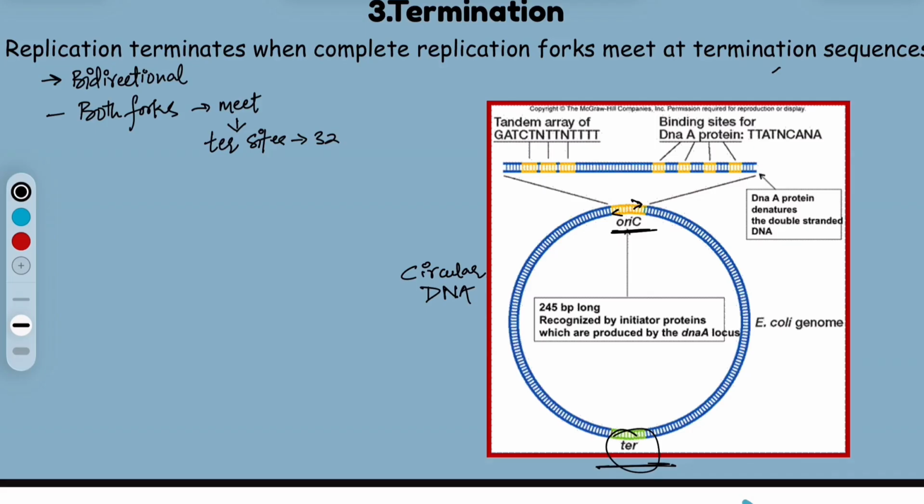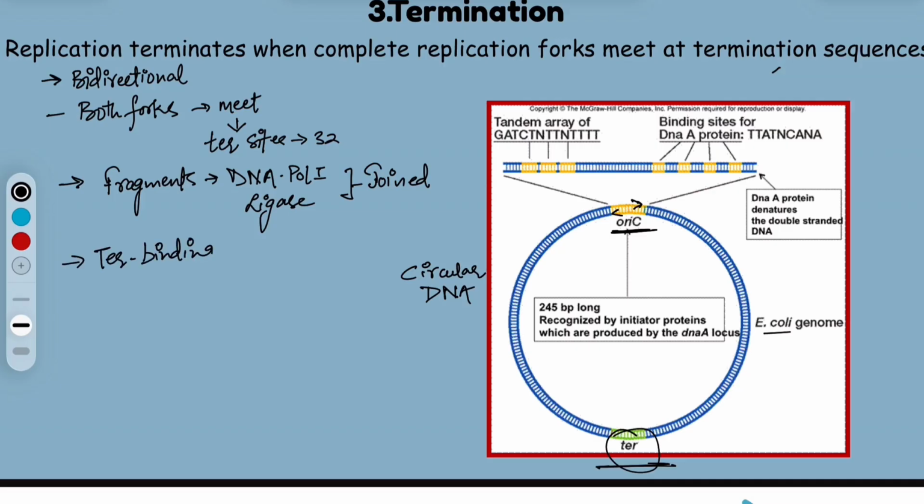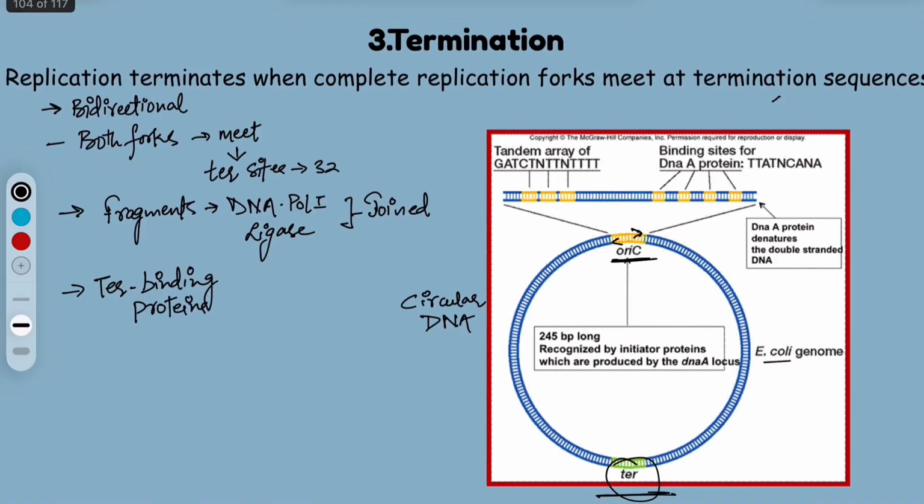On the opposite side, you can see Ter sites are present at the end of replication, originating from here and coming to the last end at the Ter sites. The fragments of DNA here are ligated by DNA Pol I and ligase. They both help to join these fragments coming at the end, and Ter binding proteins are present, which indicate the termination of the whole process.